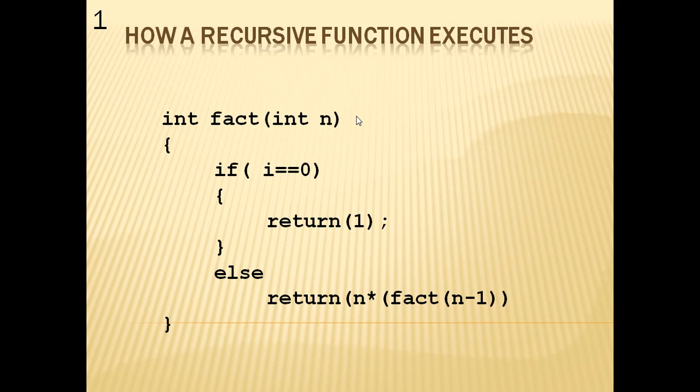At first, from main function, this function fact will be called, and the value of no will be stored here, n. And in the program we have written no, and in this presentation it has been specified with n, no problem. And the value of no will be assigned into n. The value of n is suppose 3, and n equals to 0.